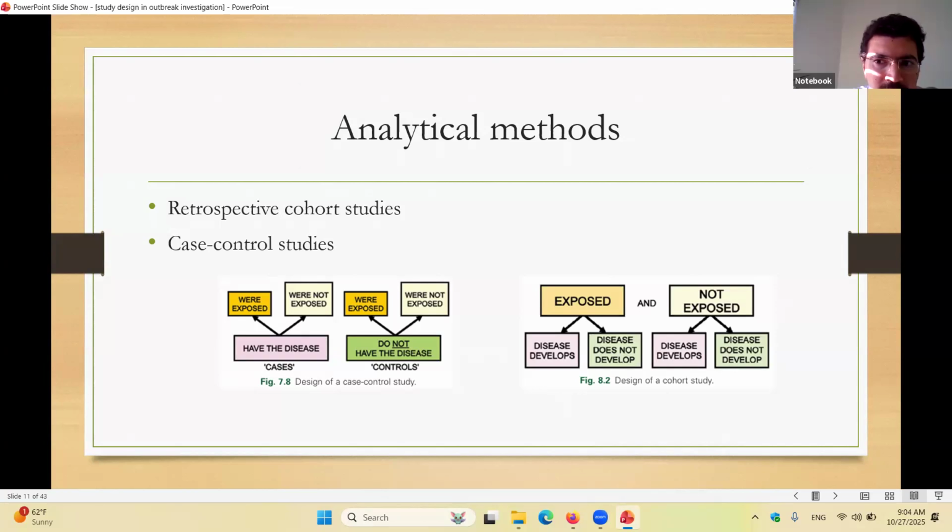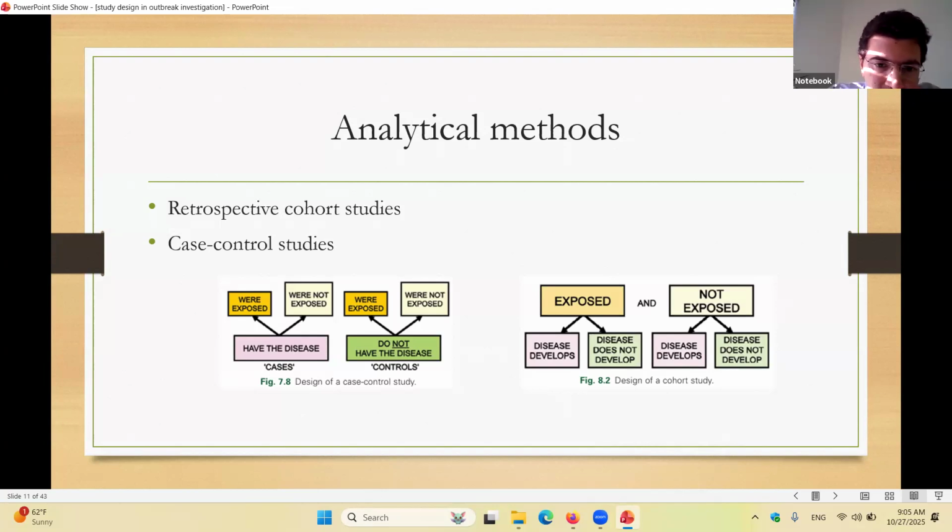In a case control study, our approach is from cases and controls, or from the outcomes toward the exposure. I repeat again, our approach is from outcome toward exposure. But in a cohort study, it is vice versa. Our approach is from exposure toward outcome.